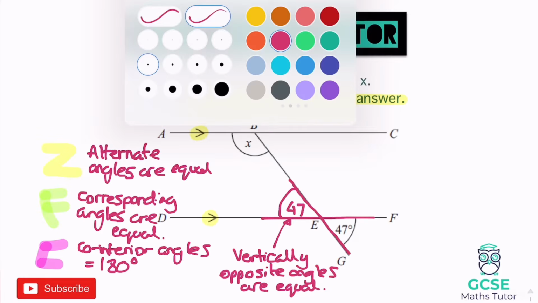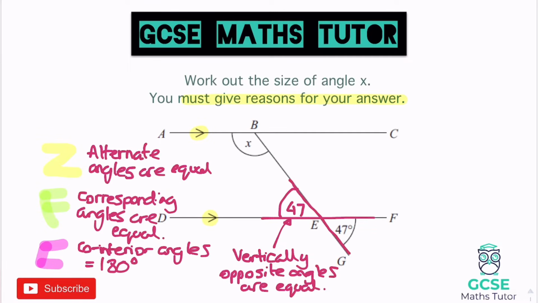And then I could move on to another angle, okay, and I could actually spot one of my parallel line rules. Now I could either from there get my Z shape, and that would give me this angle up here, and that would be alternate. Okay, I could say that that's 47, okay, because alternate angles are equal.